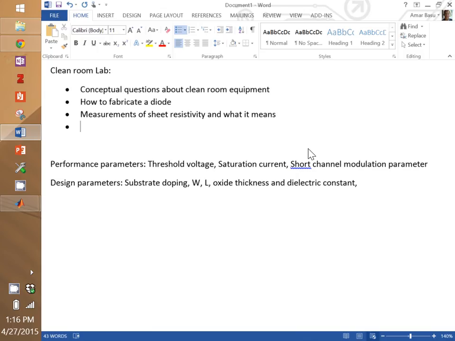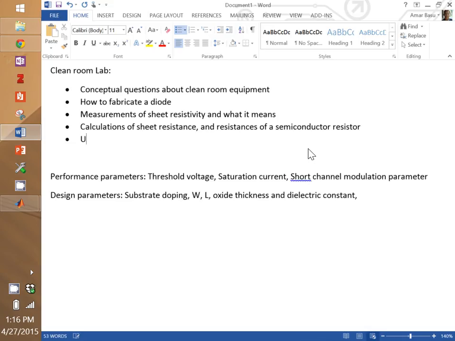What else? Calculations of sheet resistance and resistances of a semiconductor resistor.